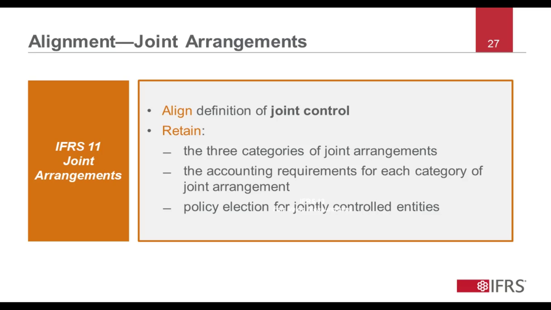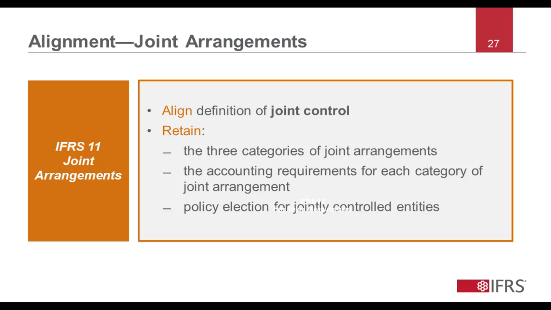However, the board was very conscious that the post-implementation review of IFRS 11 is not complete, and that the IFRS Interpretations Committee has addressed a number of questions about the categorization of joint arrangements.